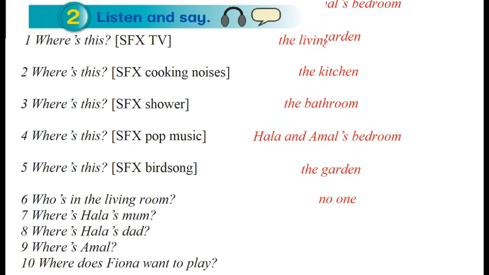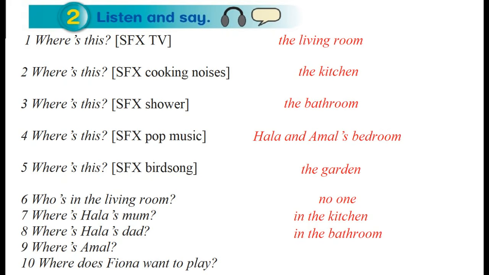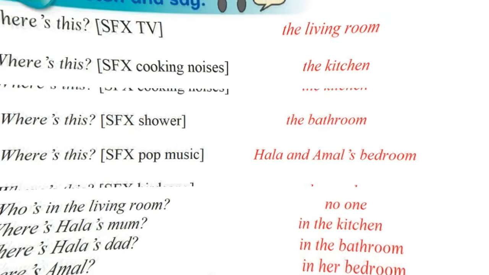Where's Hala's mum? In the kitchen. 8. Where's Hala's dad? In the bathroom. 9. Where's Amal? In her bedroom. 10. Where does Fiona want to play? In the garden.